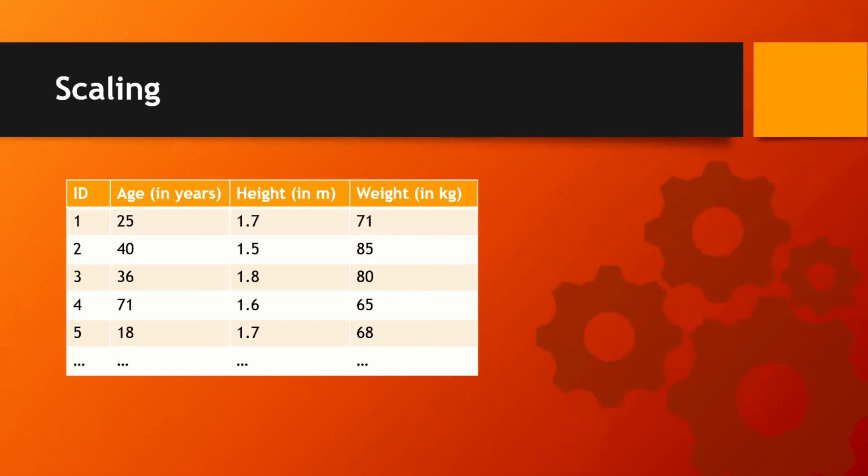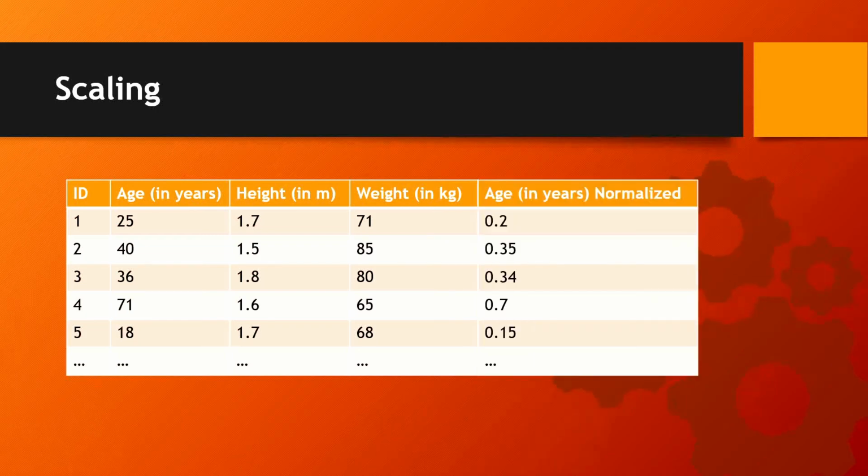So this will not be problematic right now, but down the line, when we want to have more complex operations with the data, it might create a hindrance. So it makes sense to normalize or scale the data so that all the variables fall within a similar range.